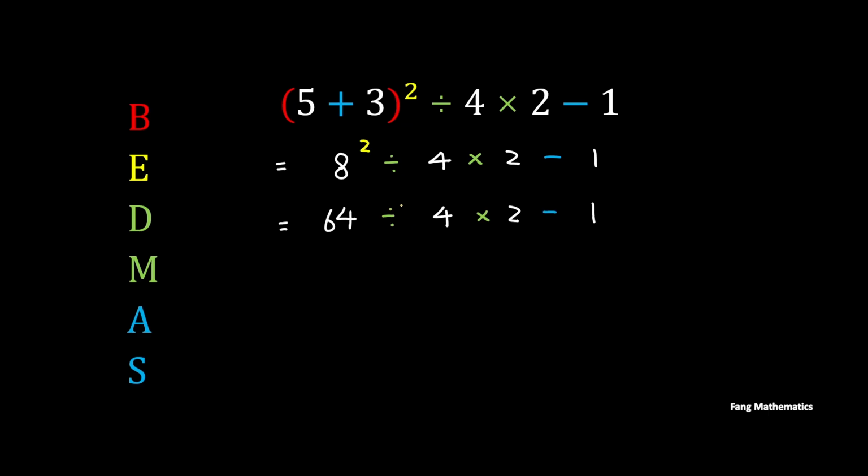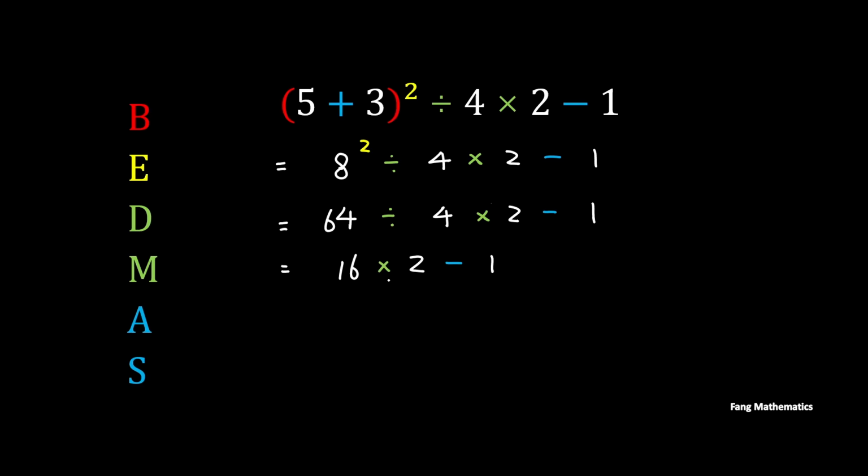And now, let's look at the division and multiplication. They share the same priority and we have more than one operation here, so we follow the left to right order. In other words, we perform the division first. Therefore, 64 divided by 4 gives you 16, and copy everything else down.